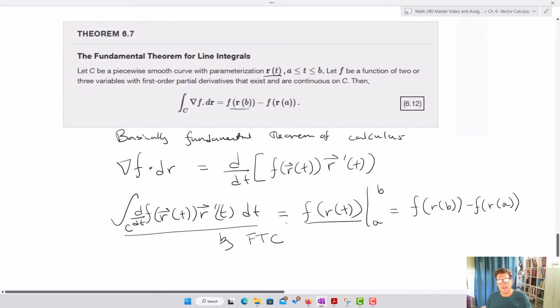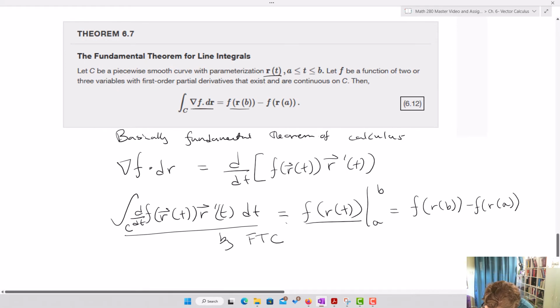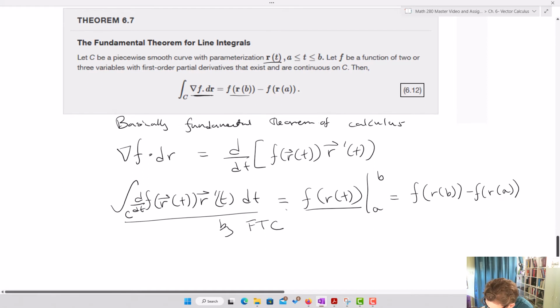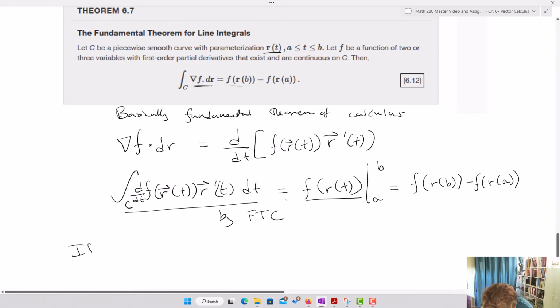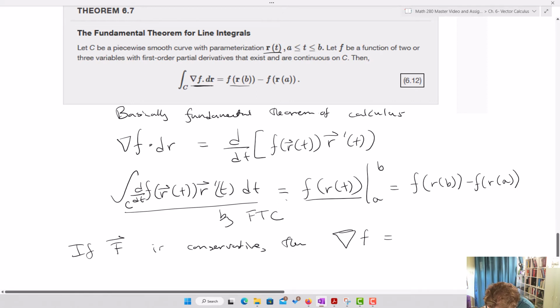So where this is going to come in really handy is that if we have a conservative vector field, we know something about del f dot dr. We know if F is conservative, then del f is equal to F, our conservative vector field.